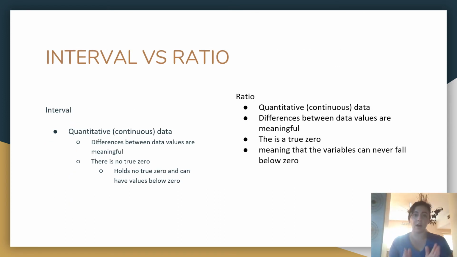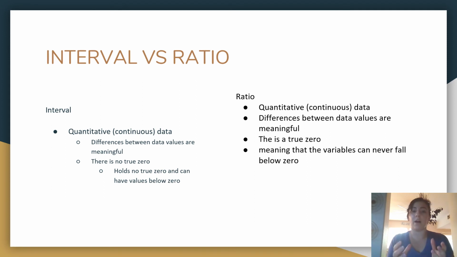Okay, so interval versus ratio, these are both different types of quantitative variables, right? Let's look at their similarities, and then I'm gonna explain what makes them different. Both interval and ratio are quantitative, continuous numerical pieces of data, right?